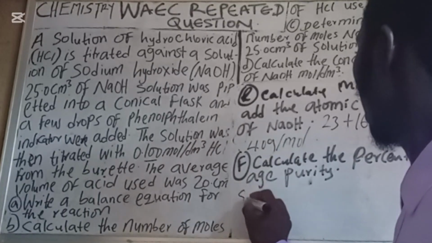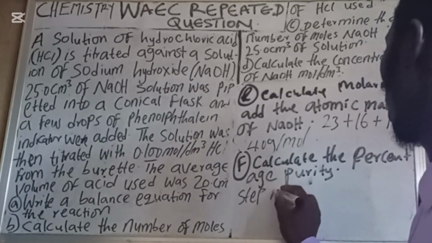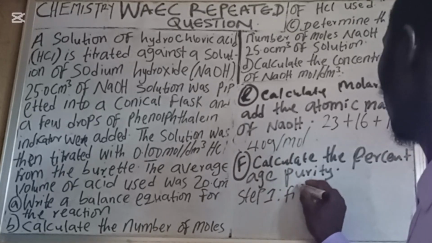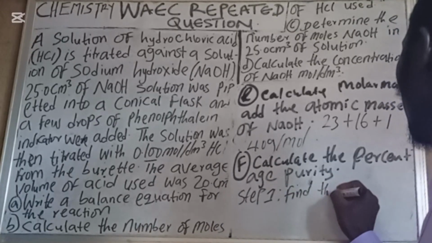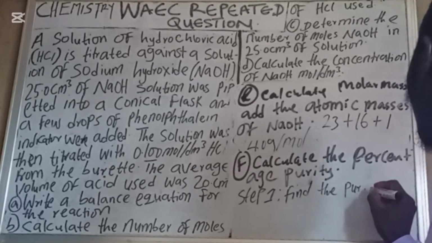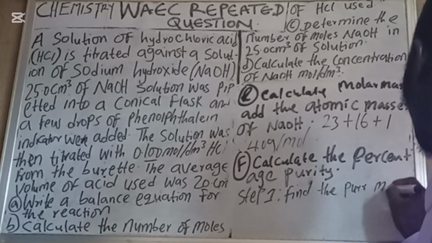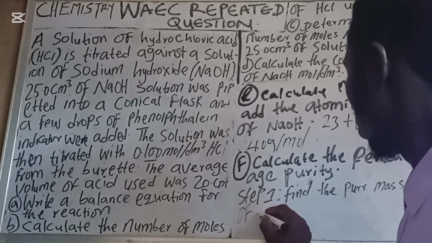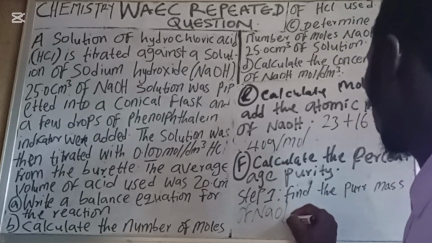In step 1, find the pure mass of sodium hydroxide.